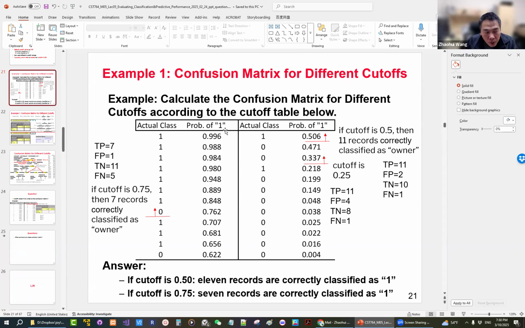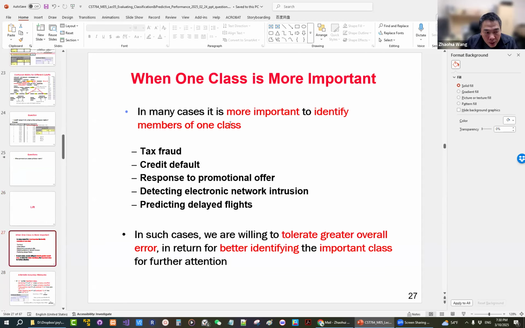We can use the cutoff value to determine the confusion matrix. We use the estimation of one class.